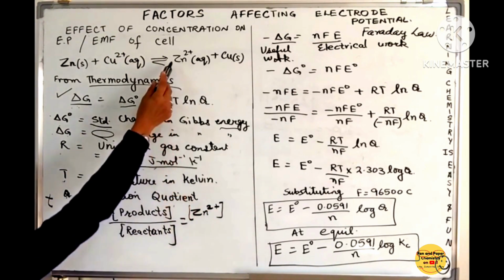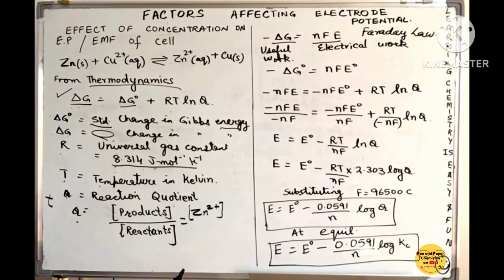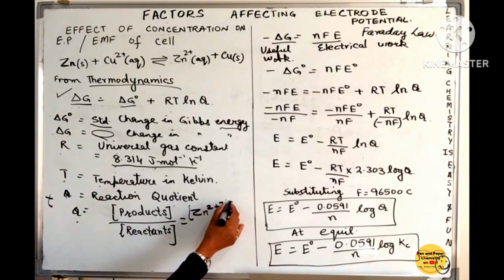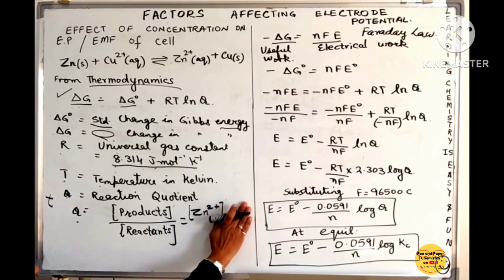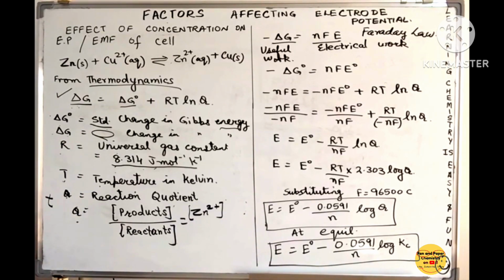There is no coefficient over here, no 2 or 3, so I don't put any power. Then there is copper. Now if you notice, copper is a solid over here. The concentration of solid substances is taken as unity throughout the course of the equilibrium reaction, so we will not take this into consideration.